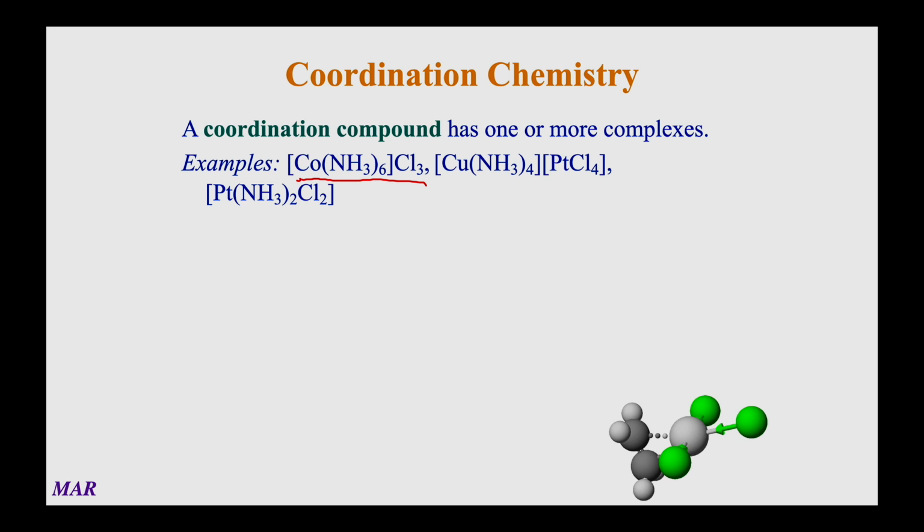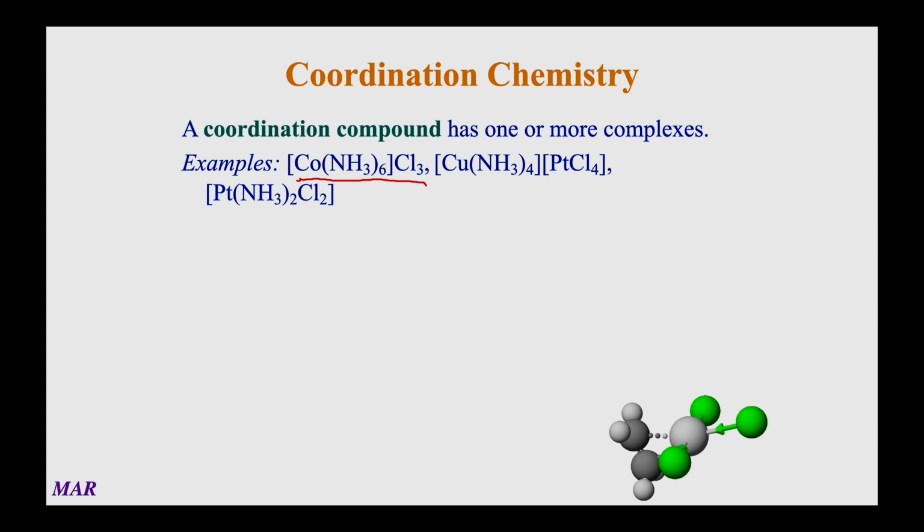Co(NH3)6Cl3. Well, that's a cobalt, and we're going to see that a lot of times they'll have 6 pieces around them in an octahedral fashion. So the part in brackets is the complex ion, and we coordinate 3 chlorides around it to make it neutral. So that's an example of a coordination compound.